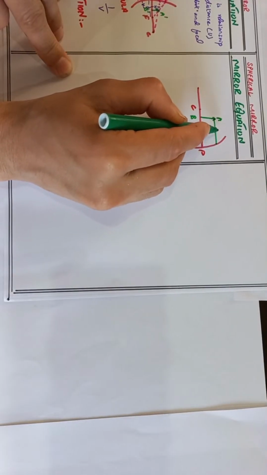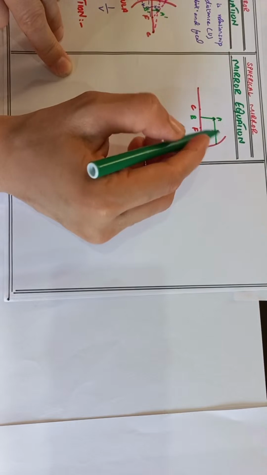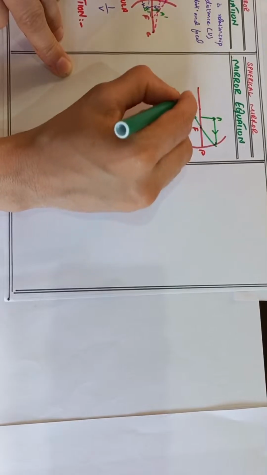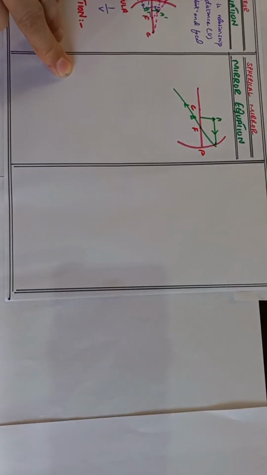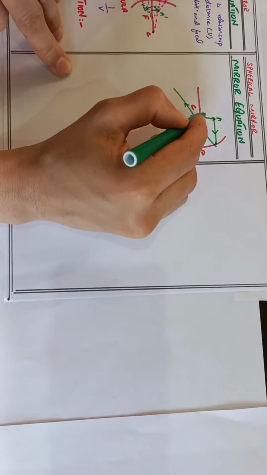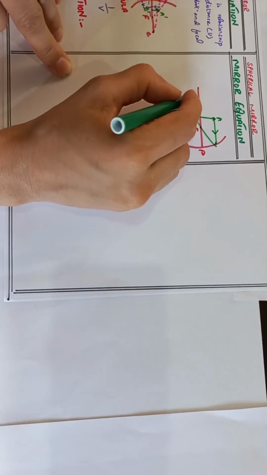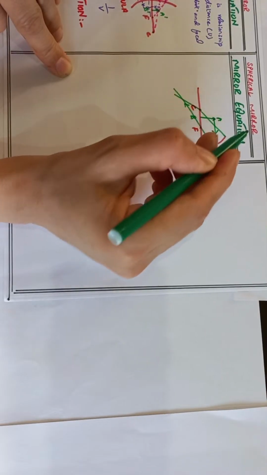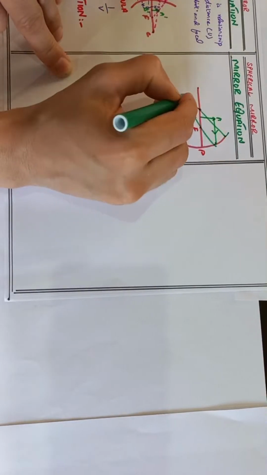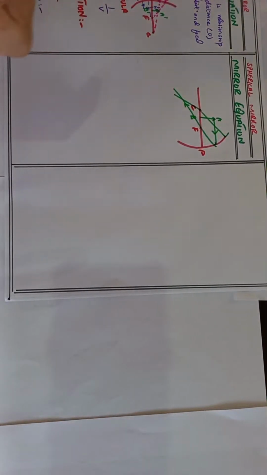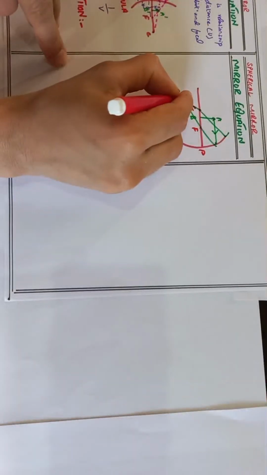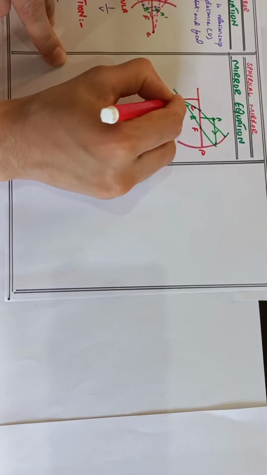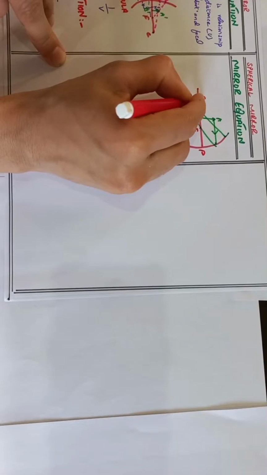This is the ray that is parallel to the principal axis and passes through the focus of the concave mirror. Here we take the ray that passes through the center of curvature. This is the point where the two rays meet and the image is formed in front of the mirror, that is real and inverted.